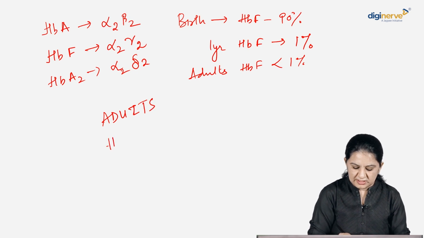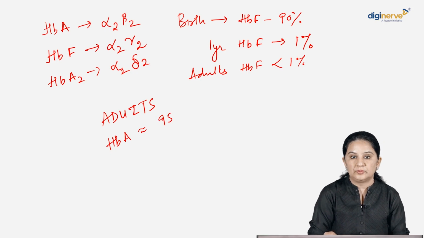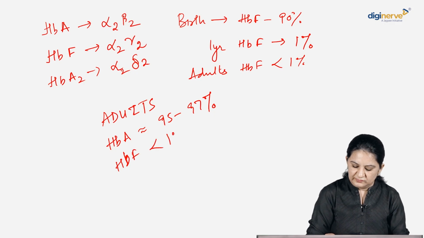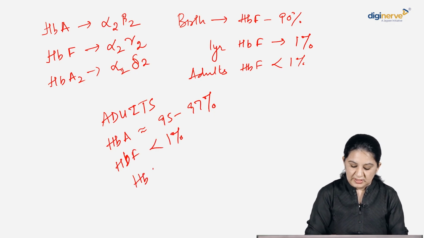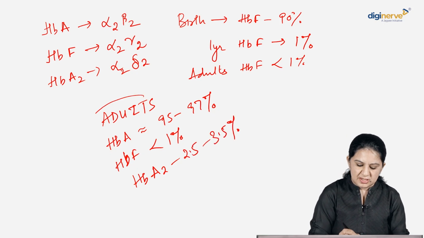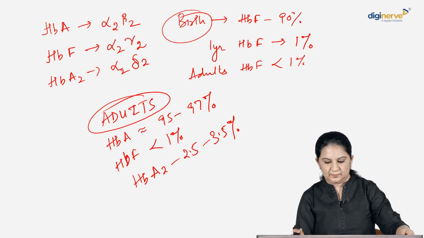It is predominantly the adult hemoglobin, hemoglobin A, around 95 to 97%, hemoglobin F less than 1%, hemoglobin A2 2.5 to 3.5%. So this is the normal hemoglobin makeup at birth and in adults.